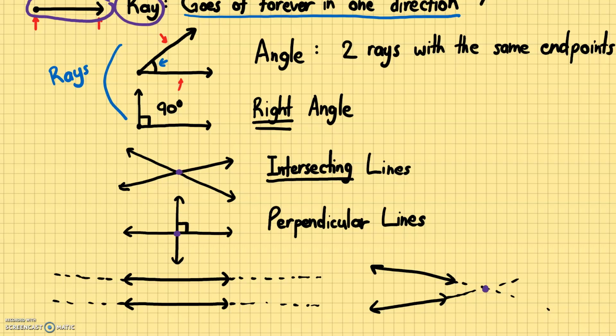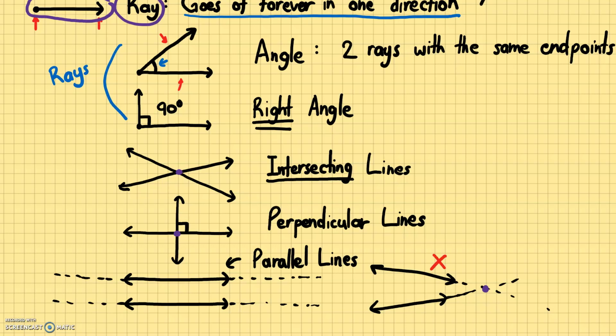Right? So this is not, or I should tell you what the name of this is. When two lines don't intersect even after we extend them, these are called parallel lines. So these are parallel lines, but these are not parallel lines.